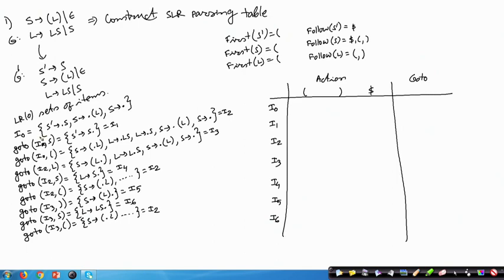Now, in this I 0, you see this rule S producing dot within bracket L. So, that means, if I get this open parenthesis, I should do a shift operation, and then consult the go to part. So, go to of I 0 open parenthesis is I 2. So, this is shift 2.